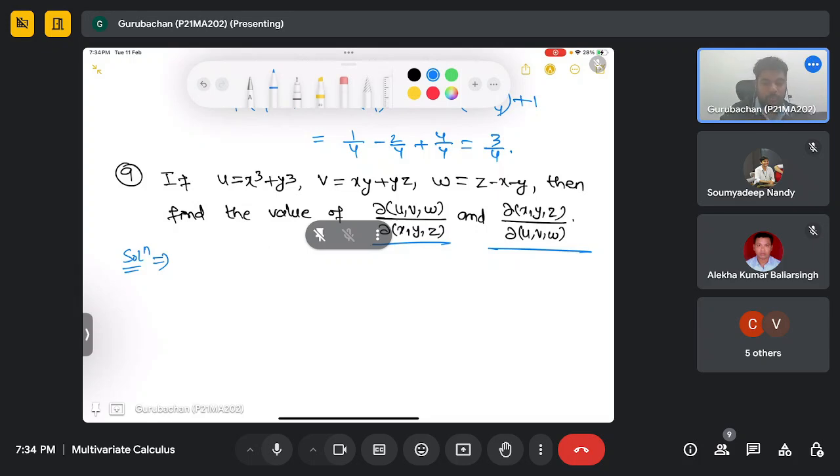Anyone? Which one is easy to compute, the first quantity or the second quantity, and why?